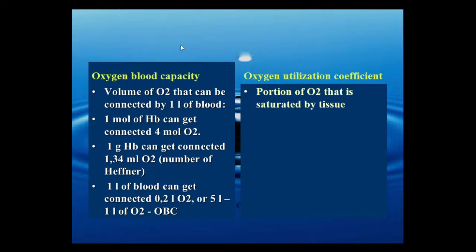So oxygen blood capacity is 1 liter of oxygen on 5 liters of blood.